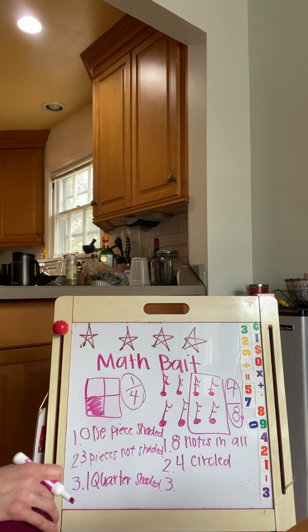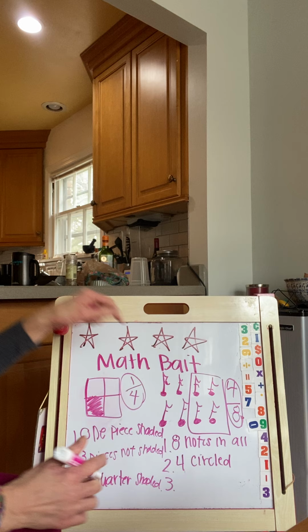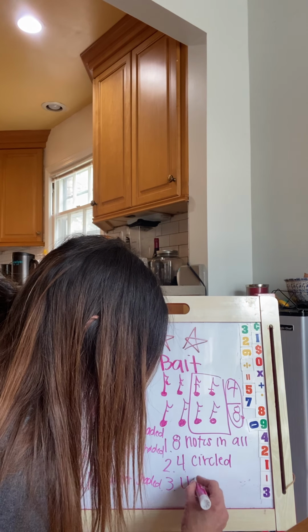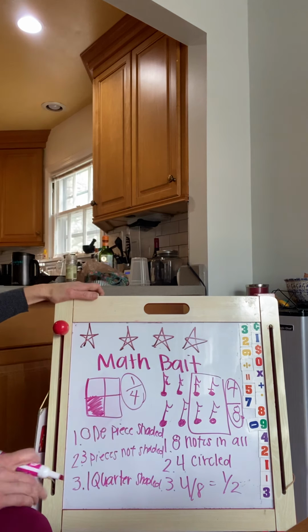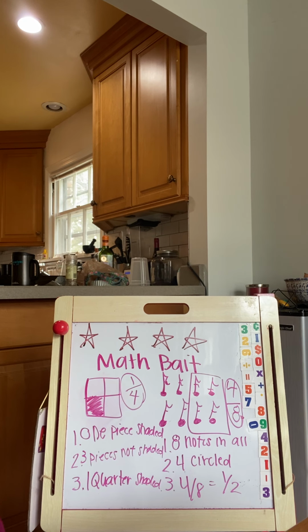Now, one other thing that I know about this is that 4/8 is equivalent to 1/2 because half of the notes are shaded. Okay, so that's the first part of your math bait that you were supposed to do.